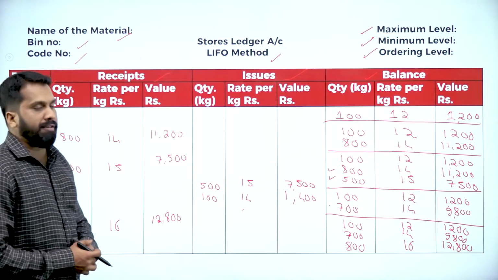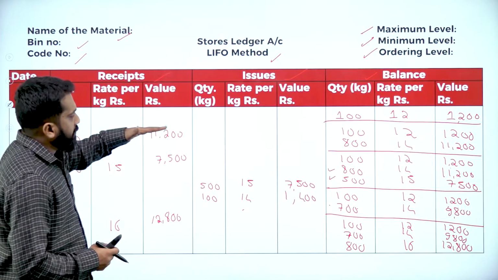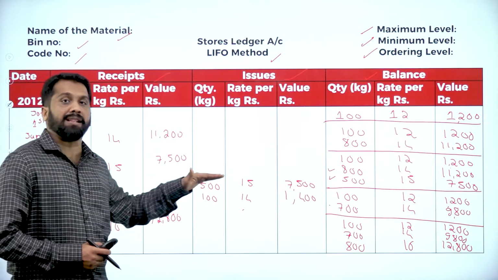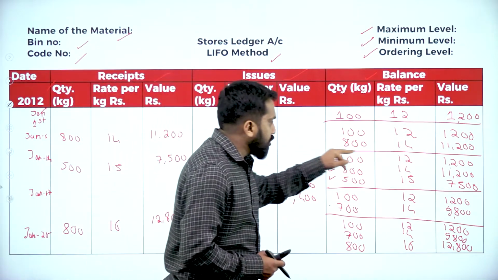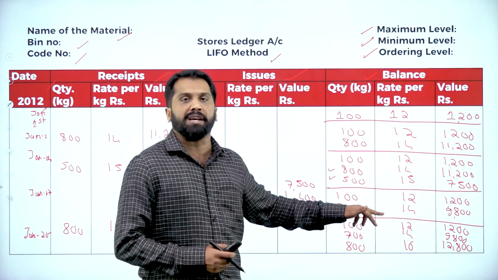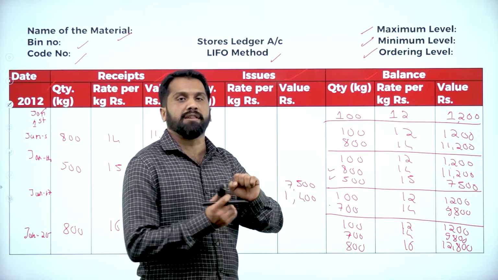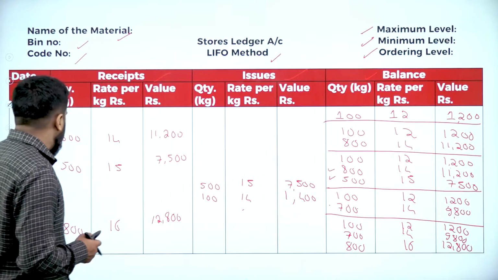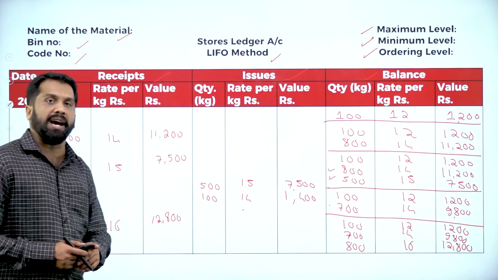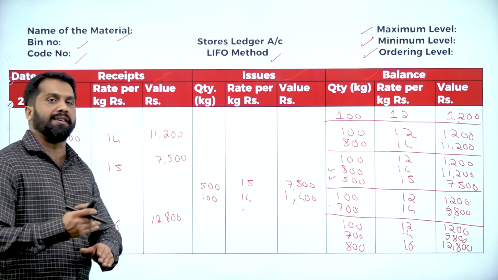Write this carefully, because everything we have done step by step. The balance column should be written with lines, so there won't be any confusion. You should not shuffle. Up to January 20th, we have completed. We'll go for the next.